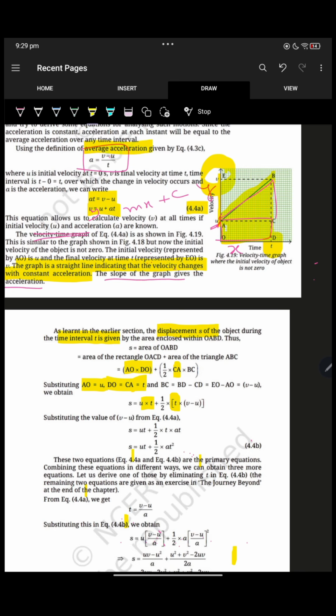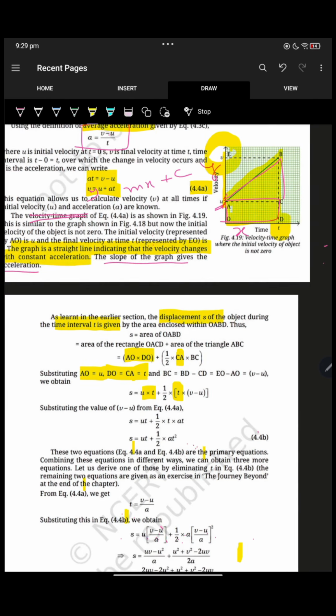How come? Because EA is equal to OE minus OA. OE is V, which is the final velocity, and OA is U, which is the initial velocity. So we can say this is equal to V minus U. And hence we got this expression. What did we get?